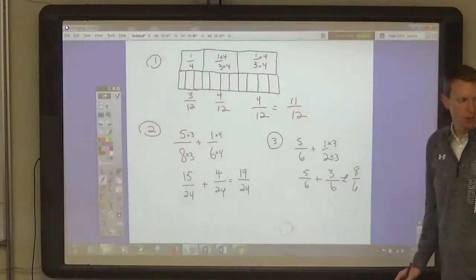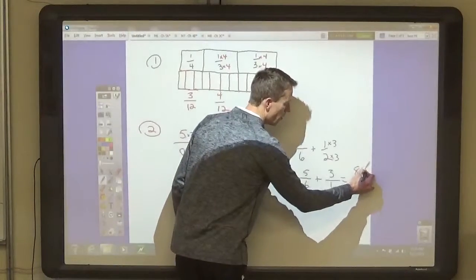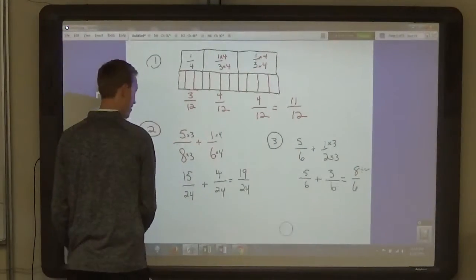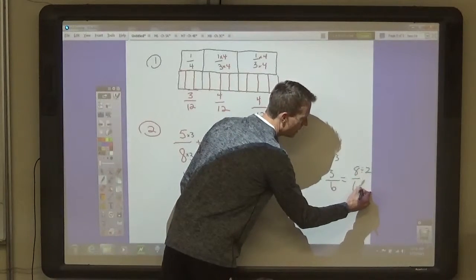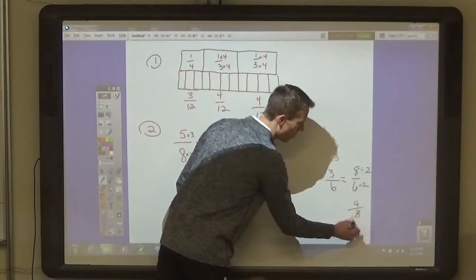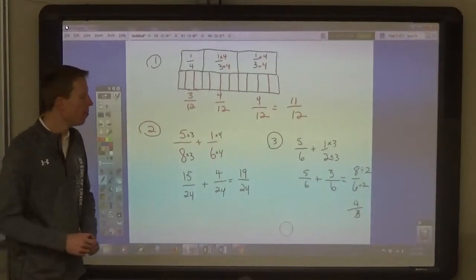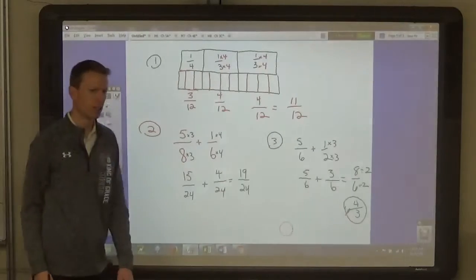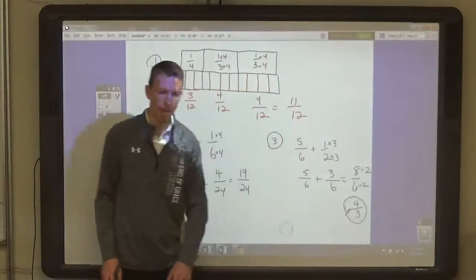A 2, right? So we can divide 8 by 2 and 6 by 2 and get 4/3. Sometimes they'll ask you for the mixed number, and sometimes you can just leave it at 4/3. Let's just leave this at 4/3, okay?